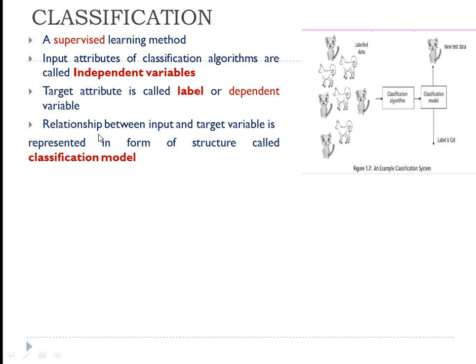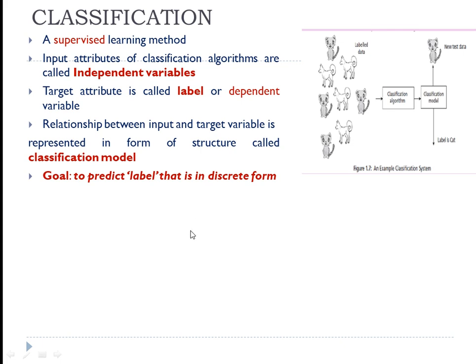So there's a relationship between the input and the target variable, that is the label. That is represented in the form of a structure that we call a classification model. So a classification model establishes the relationship between the input and the target variable. The target variable is the label or the dependent variable.